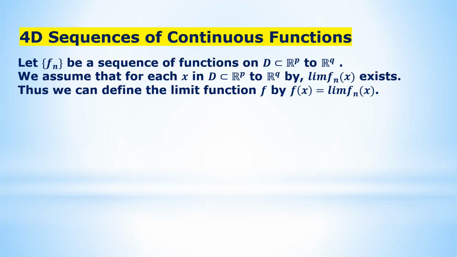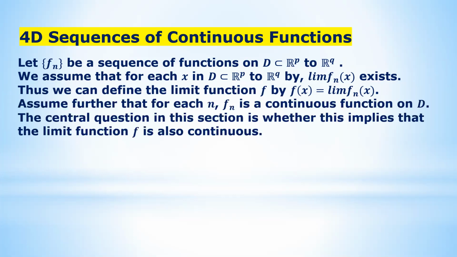So I have a sequence of functions, and these functions are all continuous at every point in D. Therefore, the function f(x) is well defined. Now suppose that for each n, Fn is a continuous function on D. Here I didn't say anything about D, whether it is compact or not.